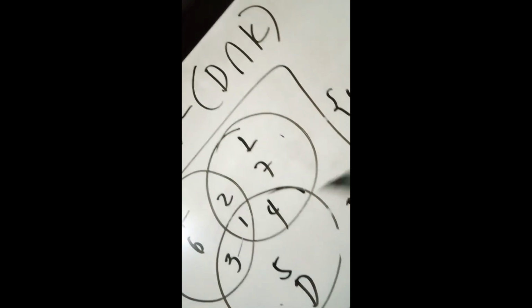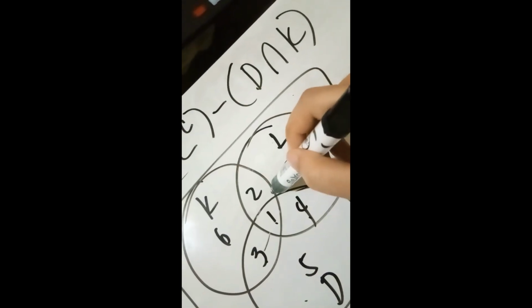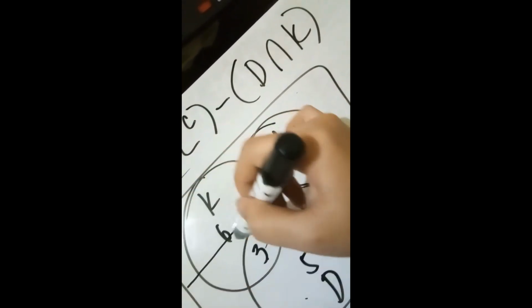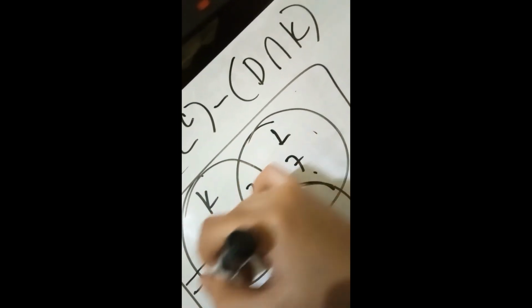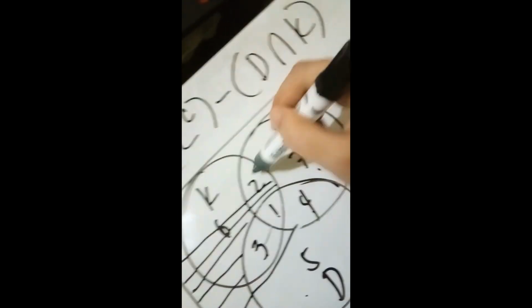Now, you try to remove the common elements. Okay, so in here, ang aalisin natin, we have here 3, 1, 4, 7. So, ang isi-shade lang natin, ito. Yan. Pati yung outside.